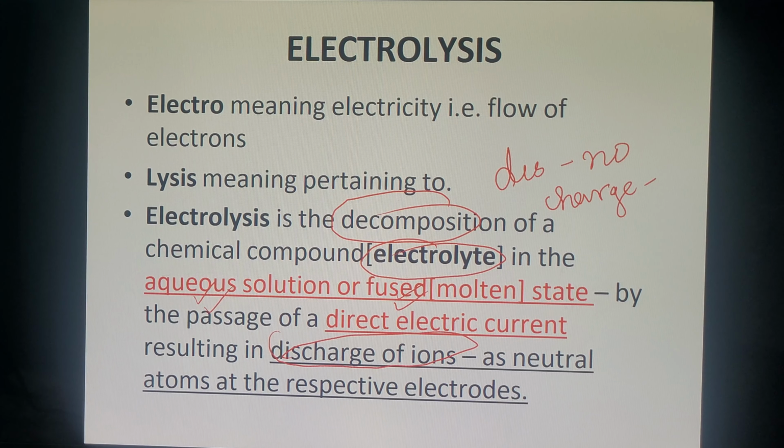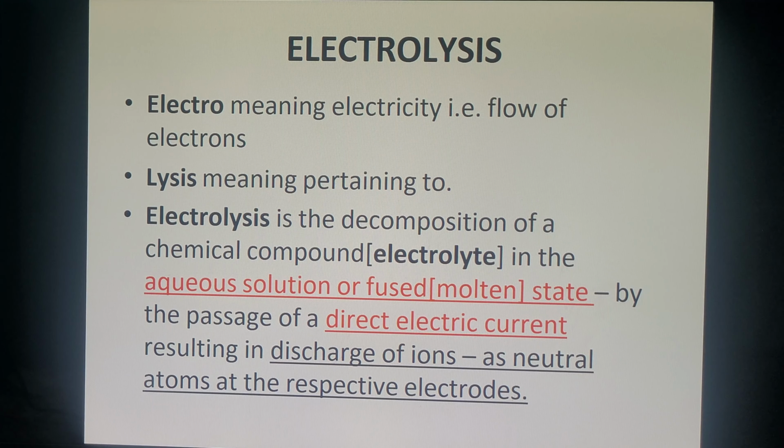As I told you, whenever I'm doing electrolysis, children, in an aqueous solution it will always result in the formation of ions. So whenever I'm doing electrolysis, what would be the next step? Ions are formed, step number 1. Then the second step is, I want to make these ions lose their charge.